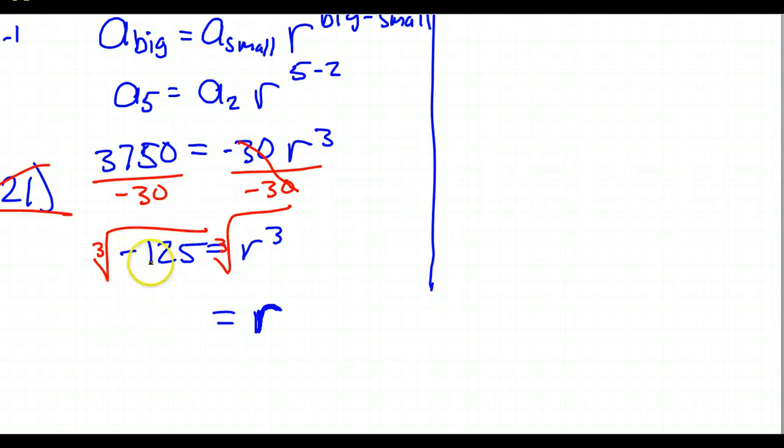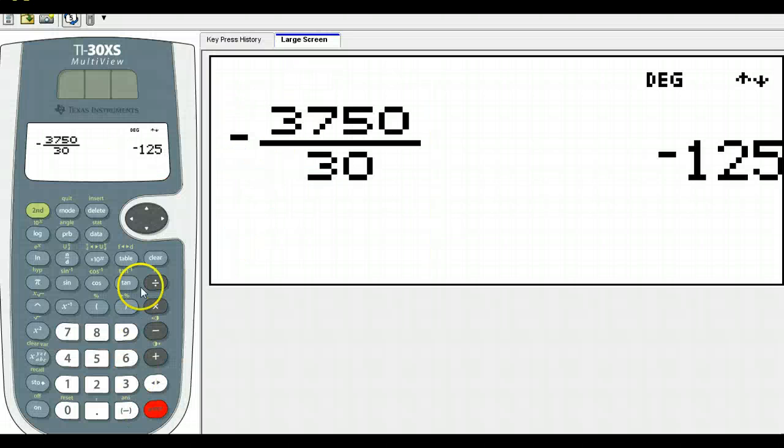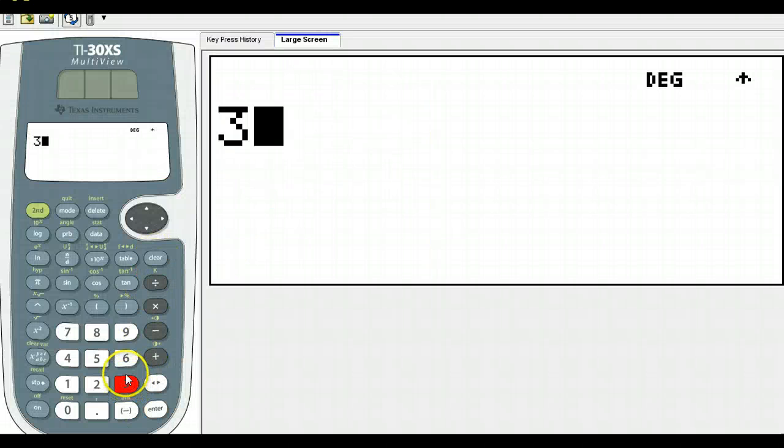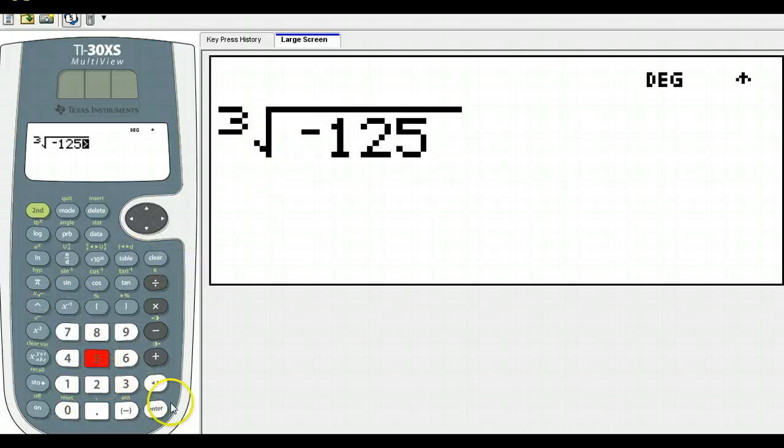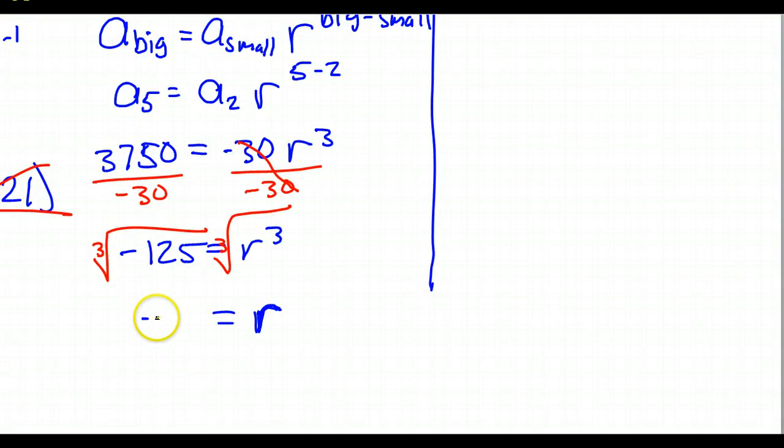And over here I need to do the cube root of negative 125. To do the cube root, I lead with the 3, and then I do second caret, it becomes a cube root. Negative 125, that is negative 5. So the r value is negative 5.